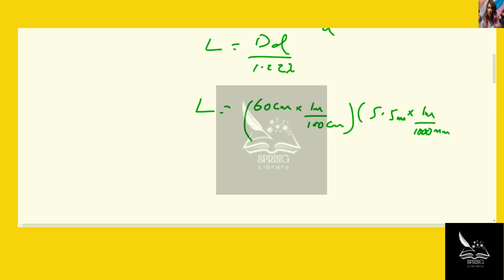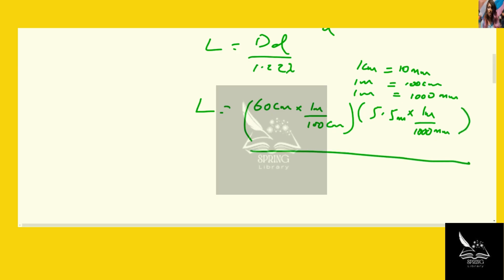So we're simplifying this problem. Remember, you can see on the side that 1 centimeter is 10 millimeters, and 1 meter is 100 centimeters. So 1 meter has to be 1,000 millimeters. That's the way you're seeing it. Because 1 meter is 100 centimeters, you multiply that by 100. That's our numerator. And then 1.22 times lambda.